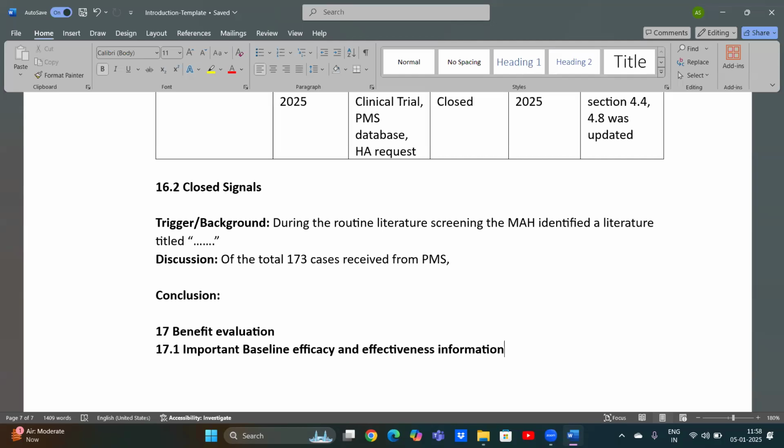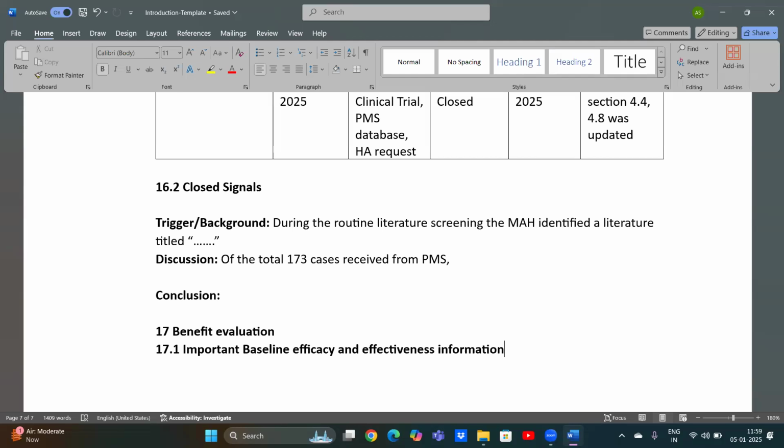Okay. So first of all, section 17.1. So tell me, what do you understand by important baseline information? Okay, first of all, one more thing. In this section 17 and 18, you will talk only about the approved indication. Got it? Am I clear?